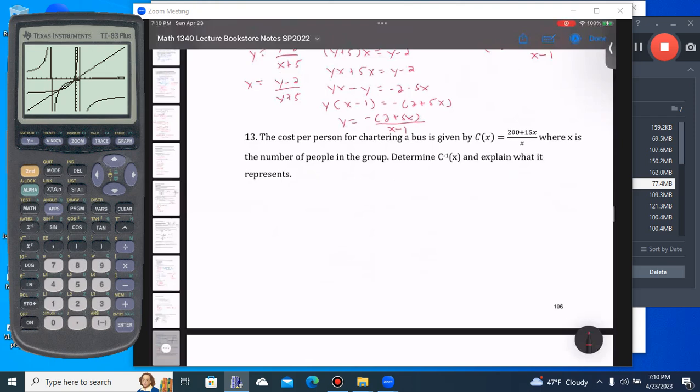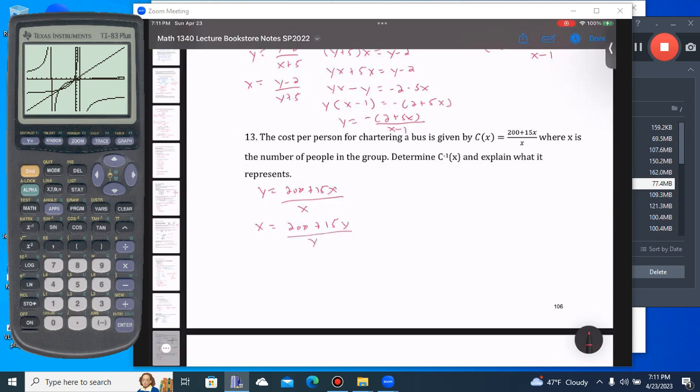All right, so one more problem for this section. The cost per person for chartering a bus is given by C of x equals 200 plus 15x over x, where x is the number of people in the group. Determine the inverse of the cost and explain what this represents. So we'll have y equals 200 plus 15x over x. Switch your x and y. 200 plus 15y over y.